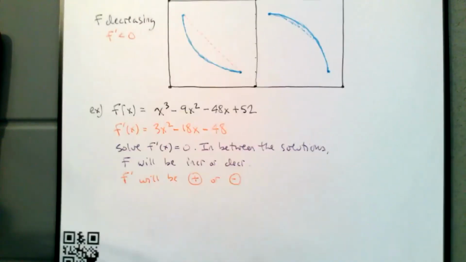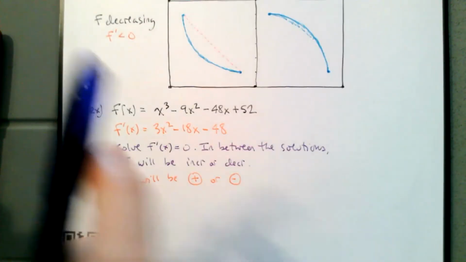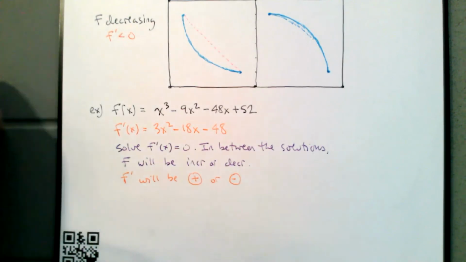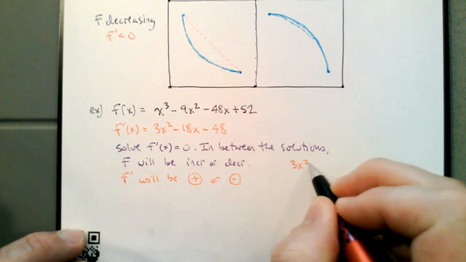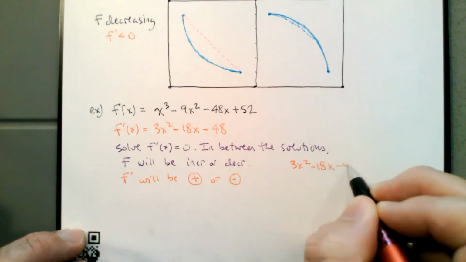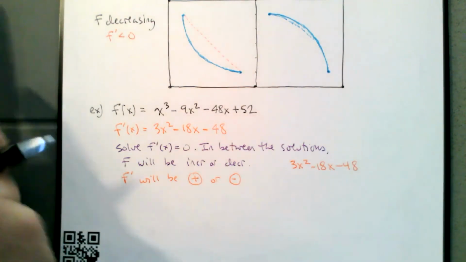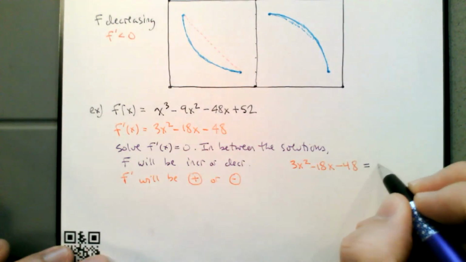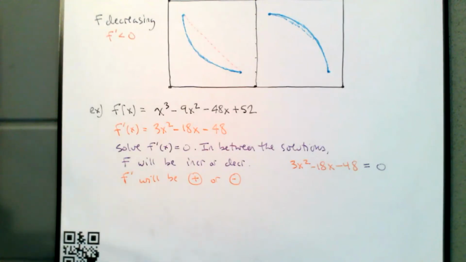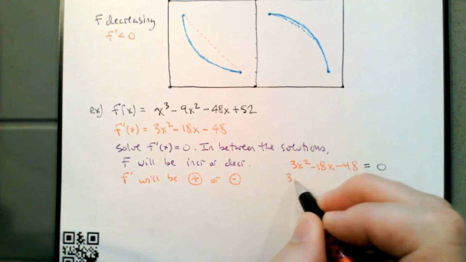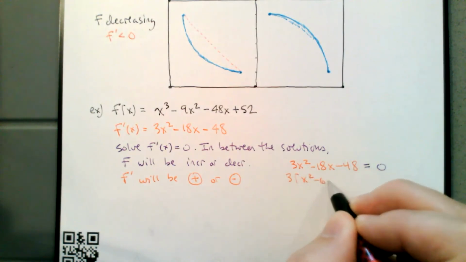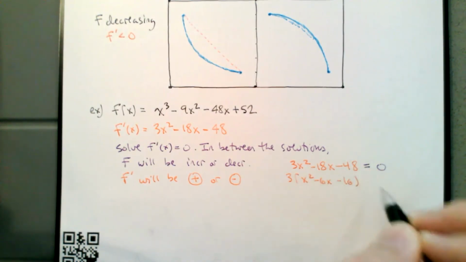So that's why I want to take the first derivative, set it equal to 0, and solve. I'm going to take my 3x squared minus 18x minus 48 and set it equal to 0. I can divide out a 3 or factor out a 3, and what we're really looking at is x squared minus 6x minus 16.